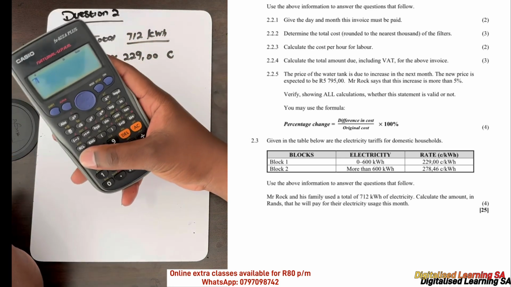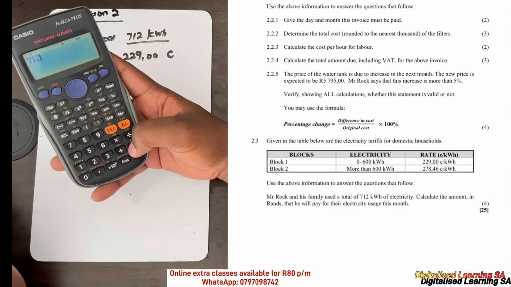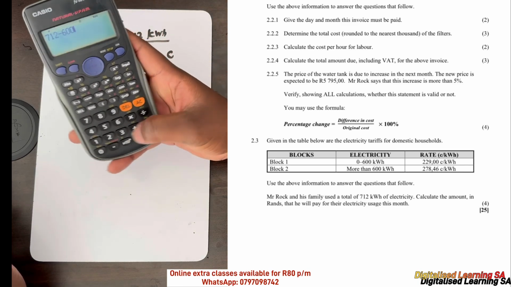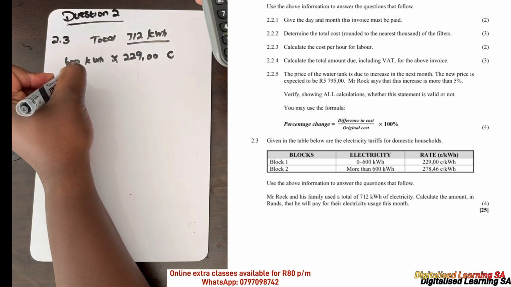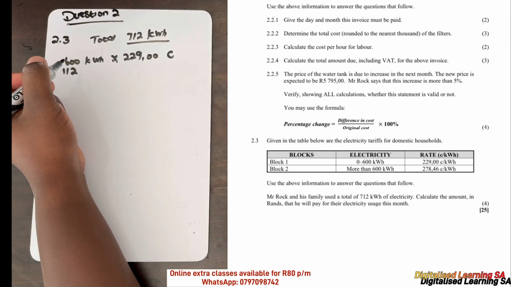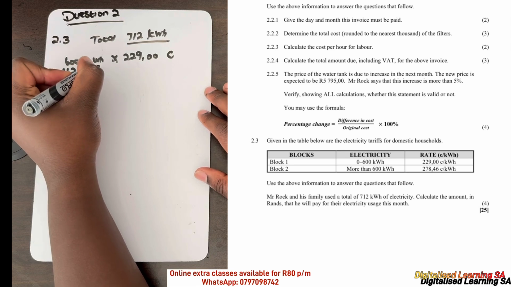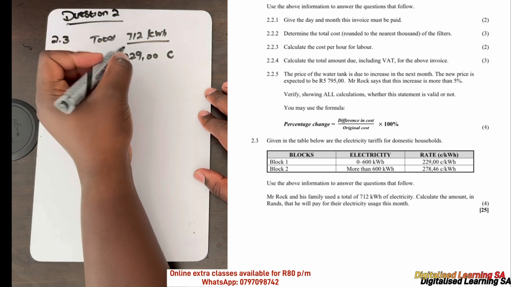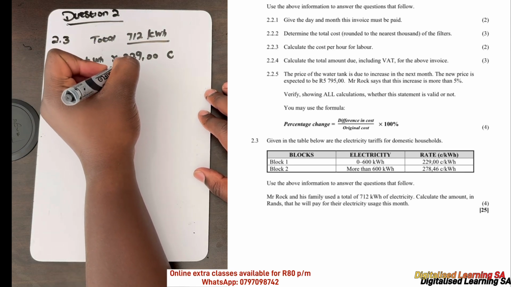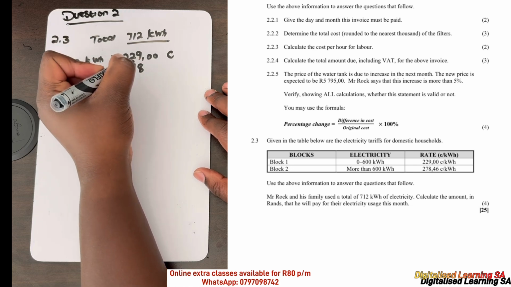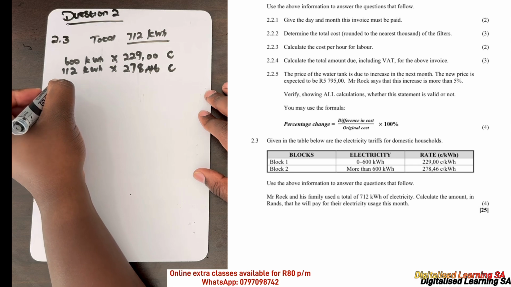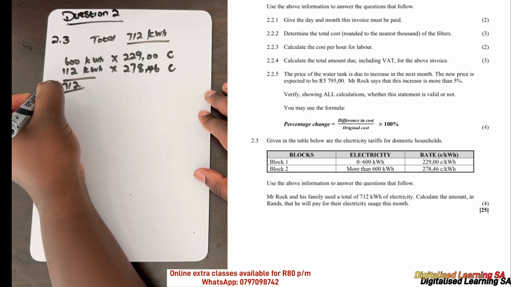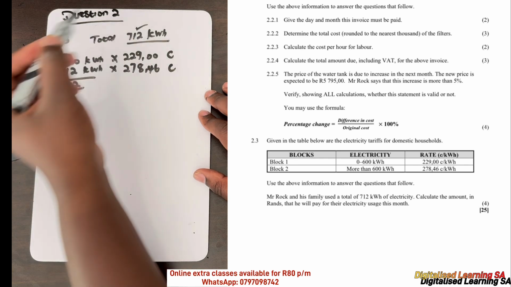We just need to say 712 minus 600, which is 112. So we'll only account for 112 kilowatts multiplied by 278.46 cents. And then in total, this should give us 712, meaning that we have calculated for the entire 712.